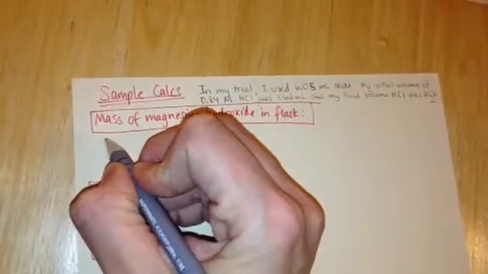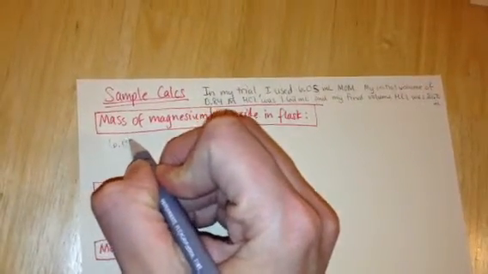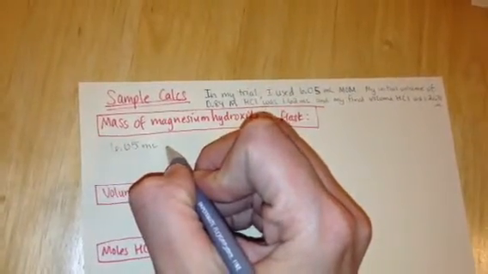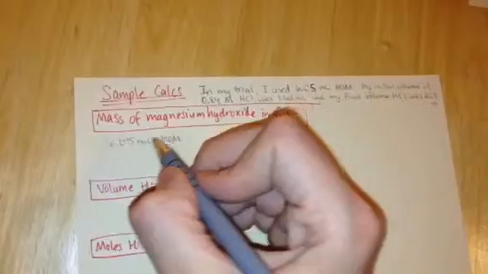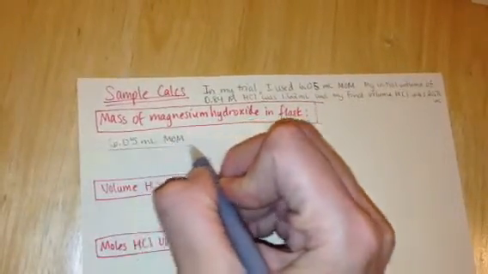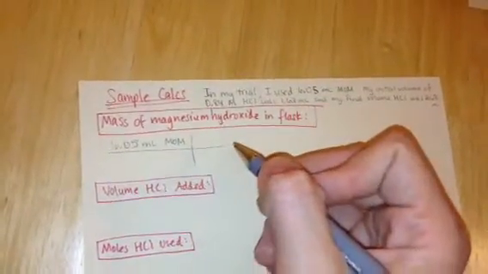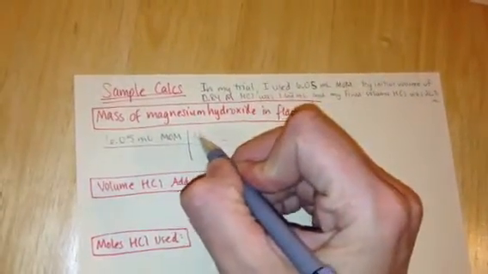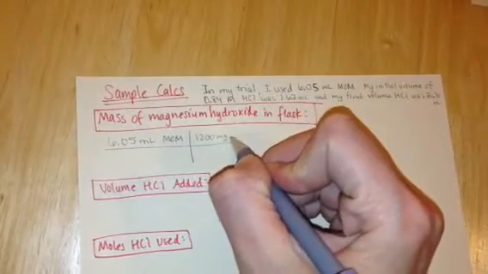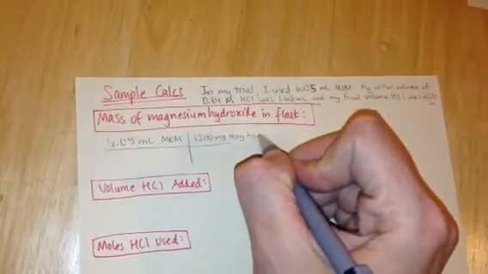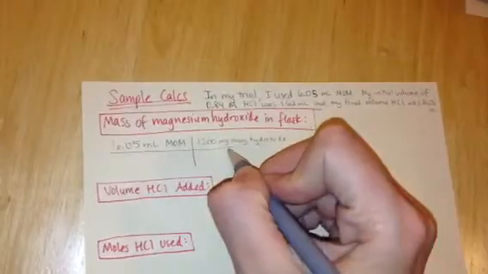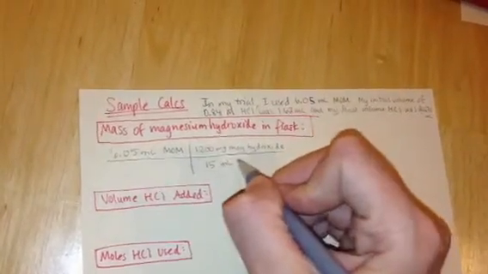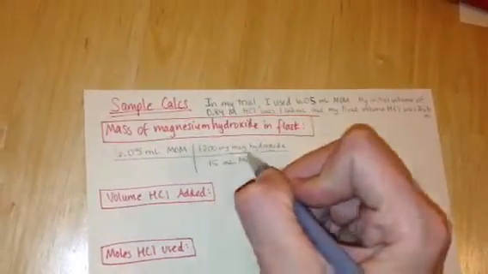To do that, you start with your volume that you used, 6.05 milliliters of milk of magnesia, and of course that'll change depending on what you used. And then this is where we need to use the ingredient label, and we know that there are 1,200 milligrams of magnesium hydroxide, the active ingredient, per 15 milliliters of the milk of magnesia.